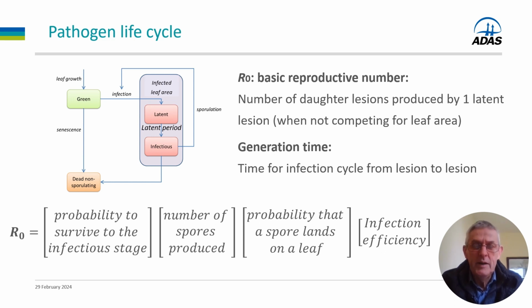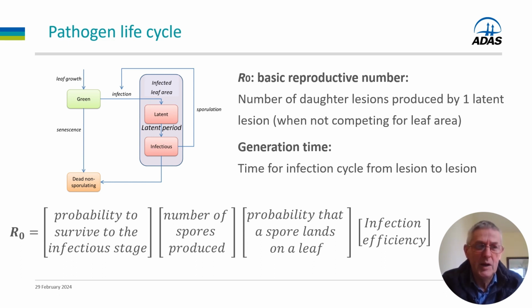The other key determinant of the future epidemic is the generation time, which is the time for an infection cycle from lesion to lesion. Obviously the faster the pathogen goes through that generation time, the faster the epidemic can develop, which is part of the reason why potato blight is so incredibly damaging. But also Septoria has a high basic reproductive number and is therefore capable of severe damage.